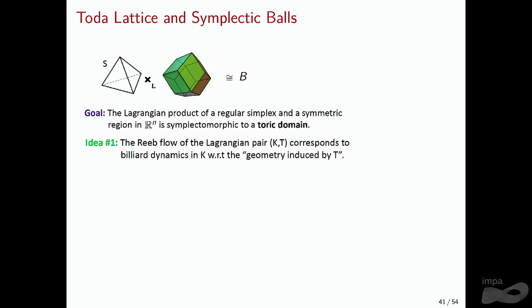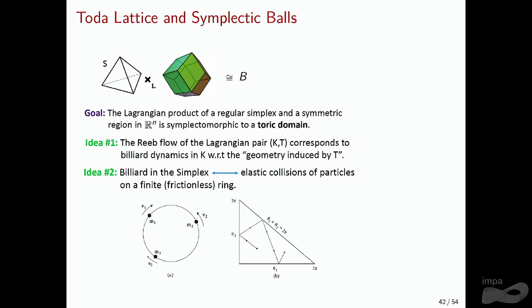So the first idea, this is something that I already mentioned, is that the Reeb flow of this particular or any Lagrangian product configuration corresponds to billiard dynamics, right? K is the billiard table, T is the geometry. Okay, we saw this part already.